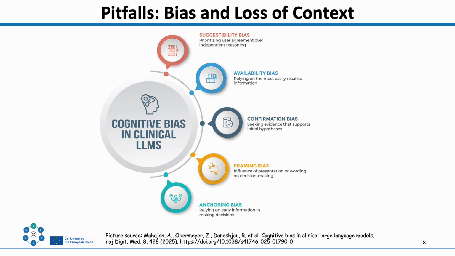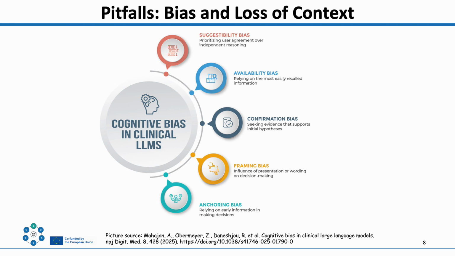Some other biases could be suggestibility bias, which could lead LLMs to adopt incorrect answers when confronted with persuasive but inaccurate prompts. Confirmation bias, where model beliefs not only skew the reasoning process, but also influence how rationales are utilized for answer prediction.